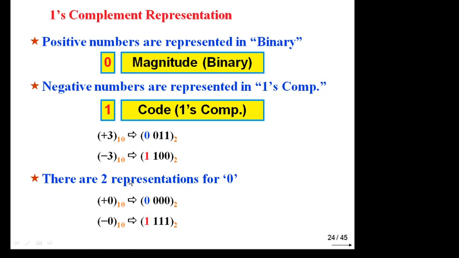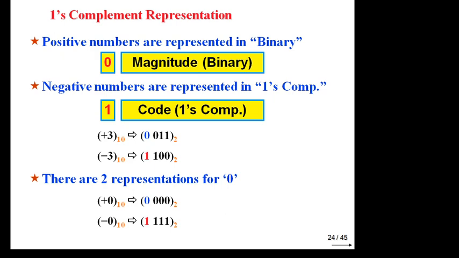In this way, suppose you have to determine the value of minus 7 in ones complement method. Just determine the plus 7 value in ones complement method, then determine the ones complement of plus 7.